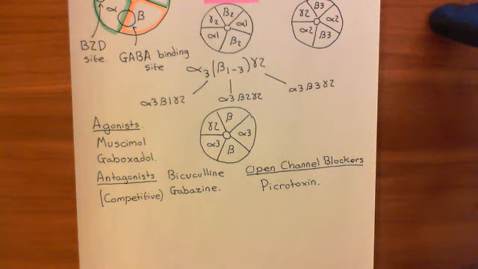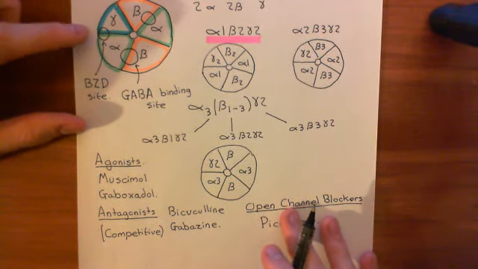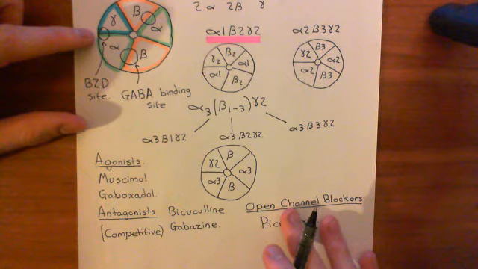Okay, so welcome to this next video in which we are discussing the GABA-A receptors and the benzodiazepine drugs. We've seen that the benzodiazepines bind to a separate site on the GABA-A receptor, this benzodiazepine site here.